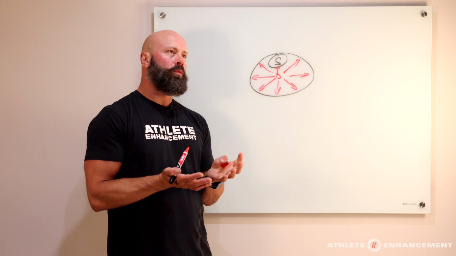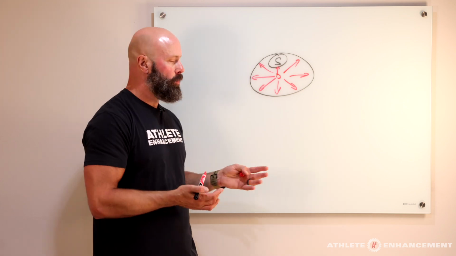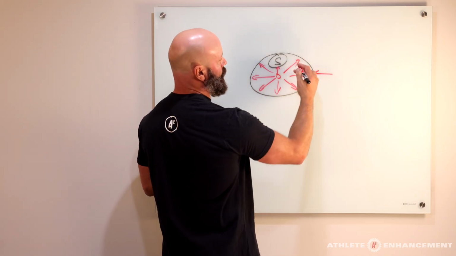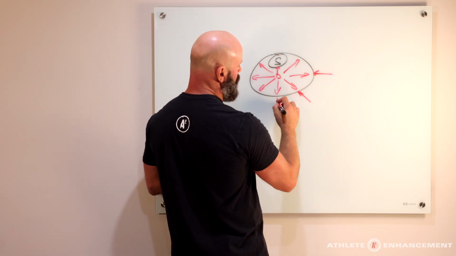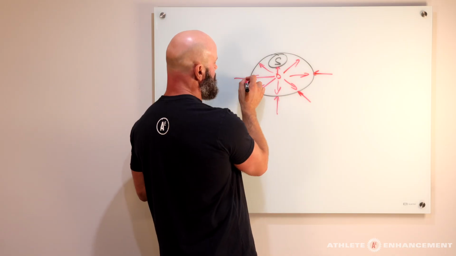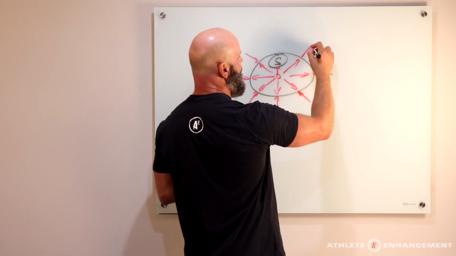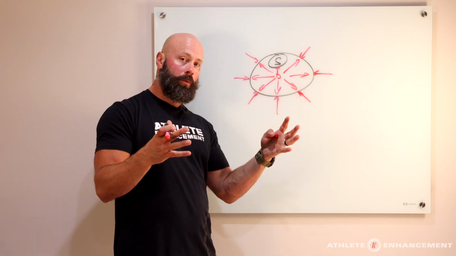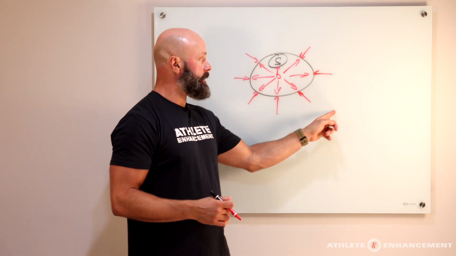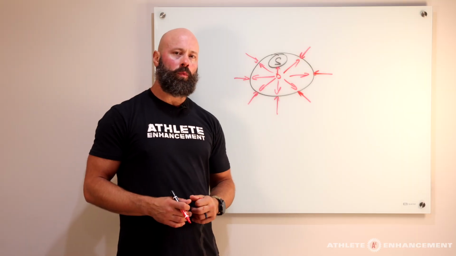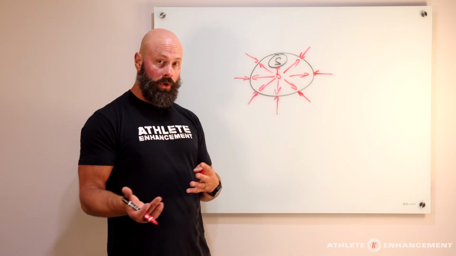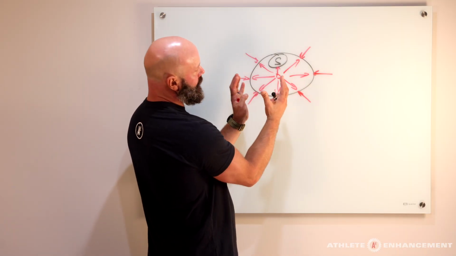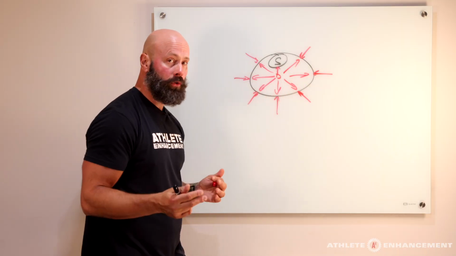But in moments where we're trying to maximize the amount of pressure we're creating, the abdominal wall is going to increase its contractile strength, and that's going to provide resistance to the diaphragm. And the diaphragm force, the outward pushing force, plus the resistance provided by the abdominal wall and the pelvic floor results in intra-abdominal pressure.